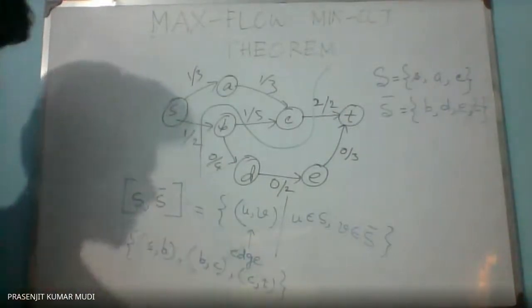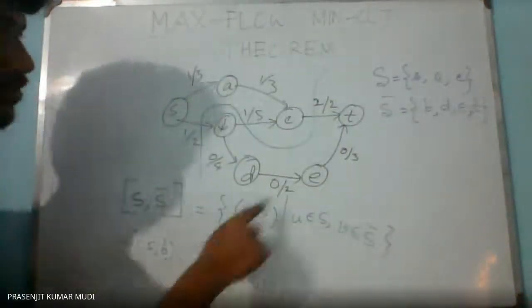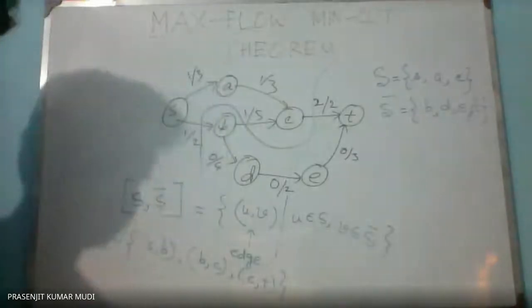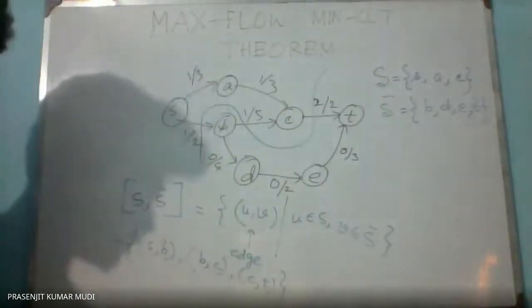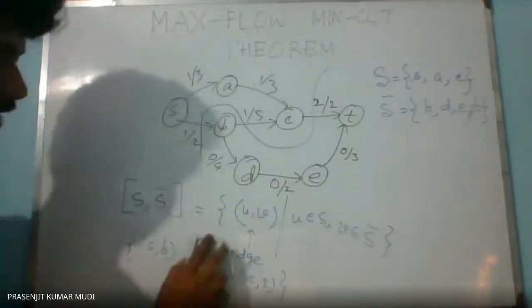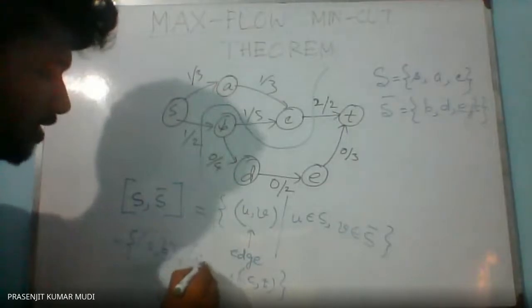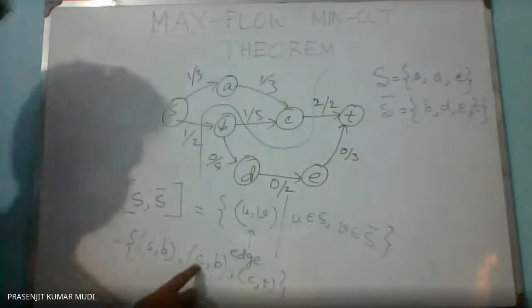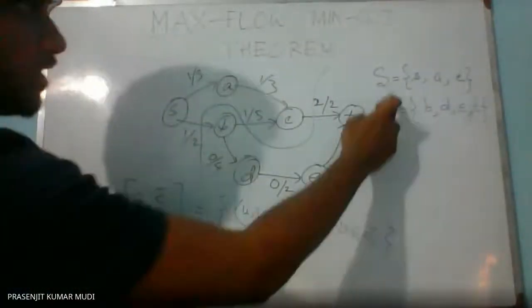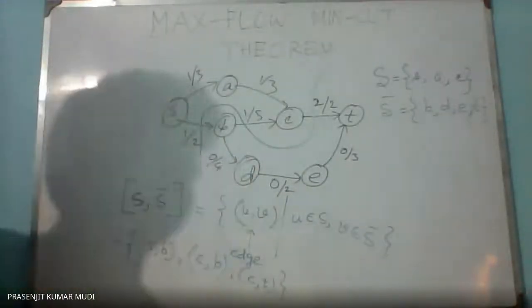The first vertex in a pair must belong to S, but in this case B belongs to S bar and C belongs to S. So this is not a correct representation. What should it be? It should be C comma B. C belongs to S, B belongs to S bar, and then C belongs to S, T belongs to S bar. That's fine. And these are the only three edges present in the cut.